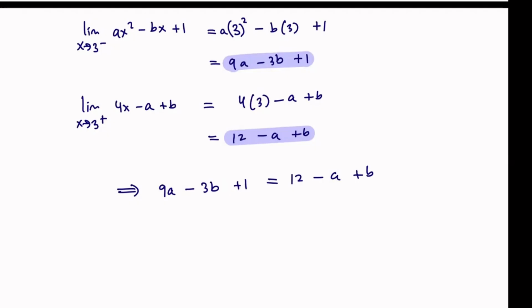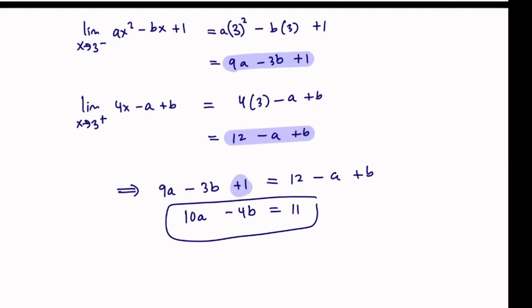Well, actually, no, let me change my mind. I'm actually going to subtract 1 on both sides so I can get rid of the 1 here. So that's going to give me 11 on the right side. Then I can add a to both sides. That gives me 10a. And then I can subtract b on both sides. That's 4b. All right, so that's another equation I have.